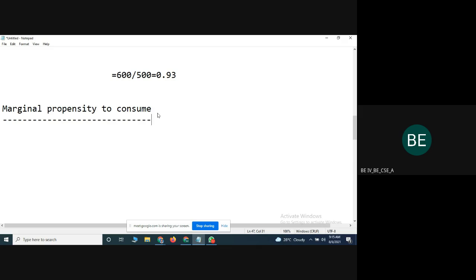The marginal propensity to consume is the ratio between the change in consumption and the change in income.